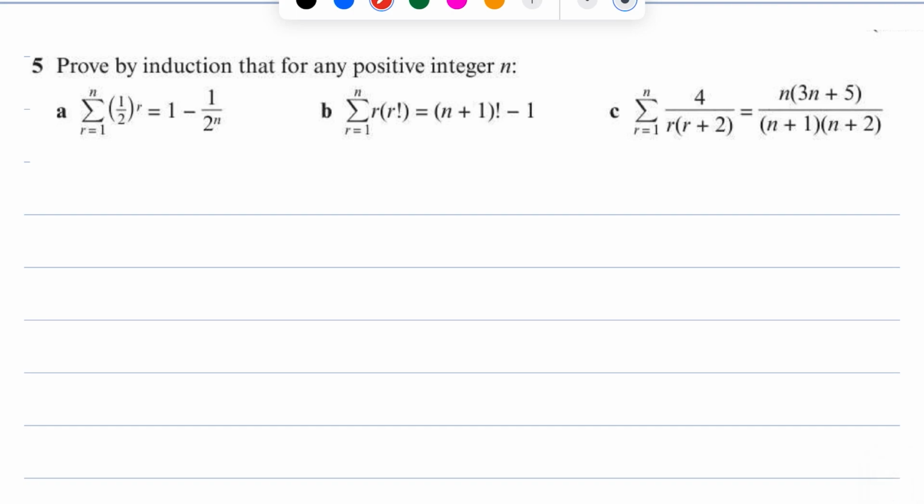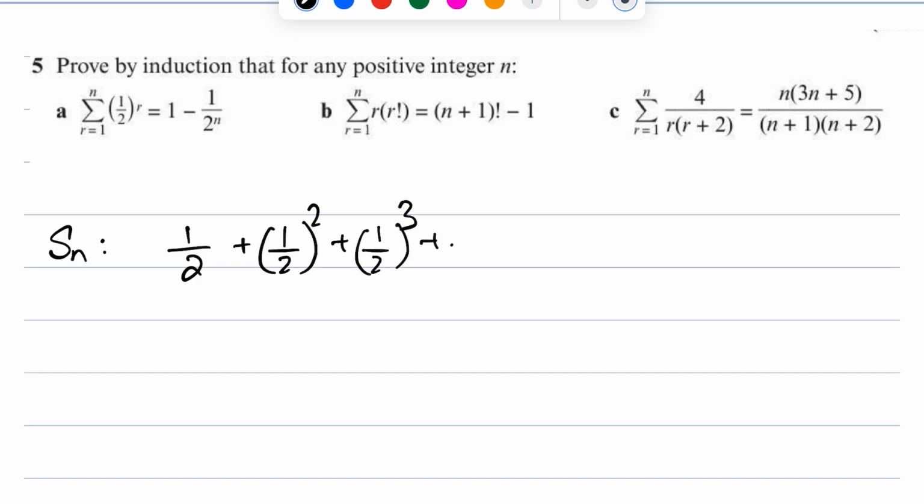Question number 5. What is the statement first of all? Sn equals 1 upon 2 plus (1 upon 2) whole square plus (1 upon 2) whole cube and so on till (1 upon 2) to the power n equals 1 minus 1 upon 2 power n.